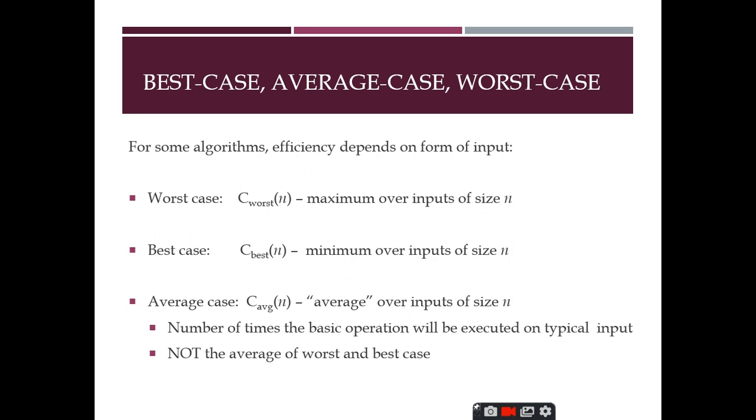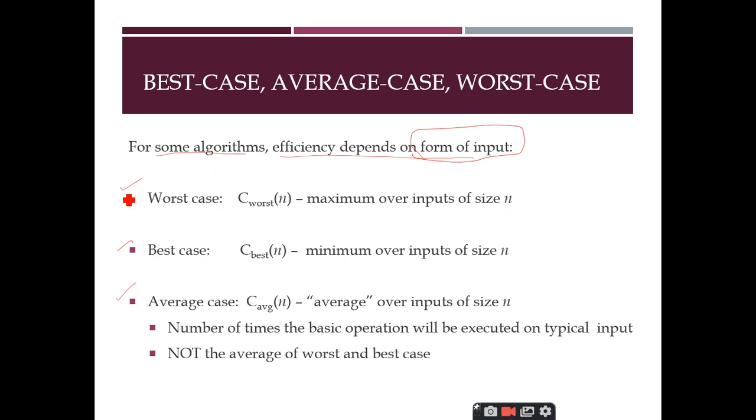Yes, sir. Right. So we have 3 different cases. This is for the time complexity we will be explaining. For some algorithms, the efficiency depends on the form of input, right? So we have 3 different cases here: the worst case, the best case, and the average case.